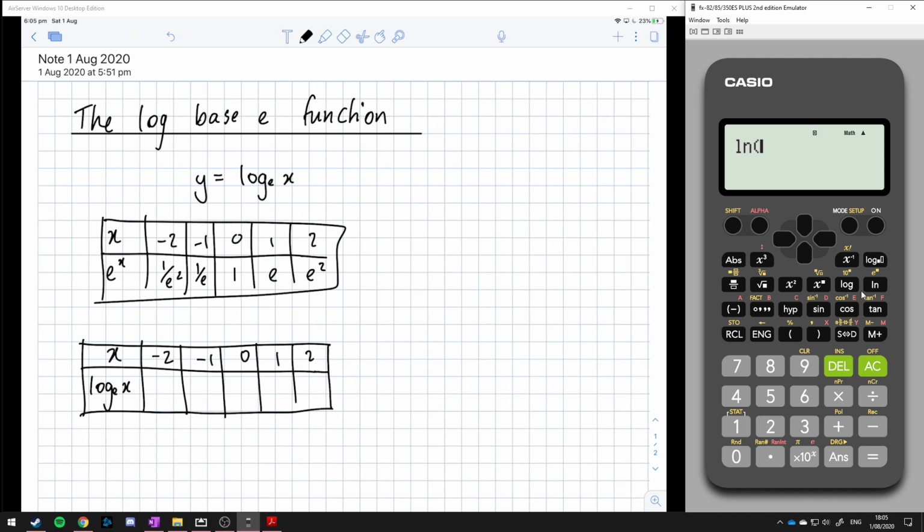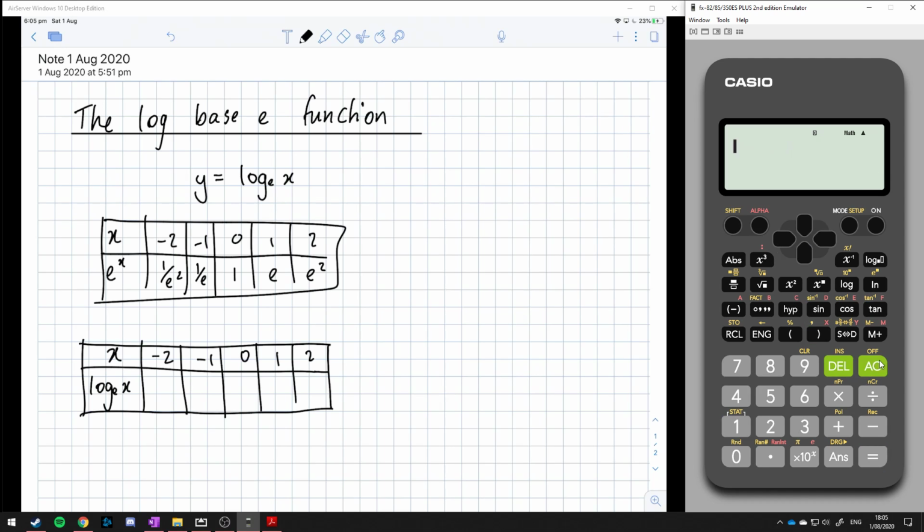But we do have a button called ln. This stands for the natural log, the log base e. So if I do, for example, log e of e, which is e to the power of 1, that should give us 1.